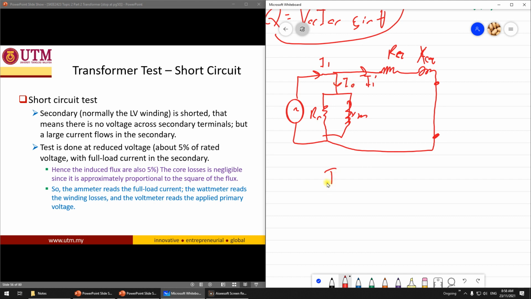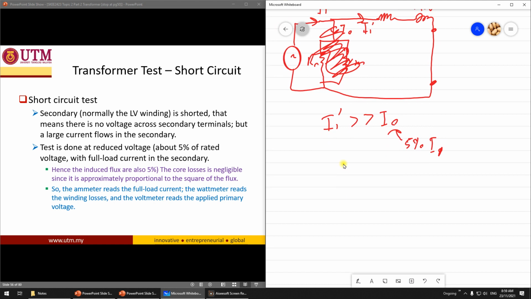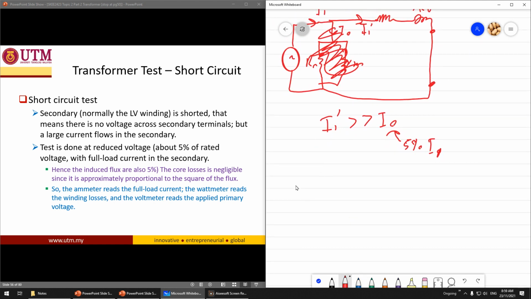I1 bar is significantly larger than I0. Only around 5% of I1 will go here, so you can ignore this. If you simplify this, you come out with something like this: resistor, inductor, and then short circuit.